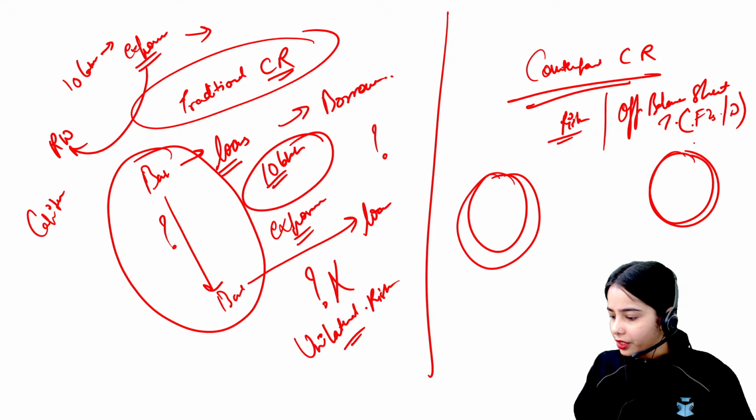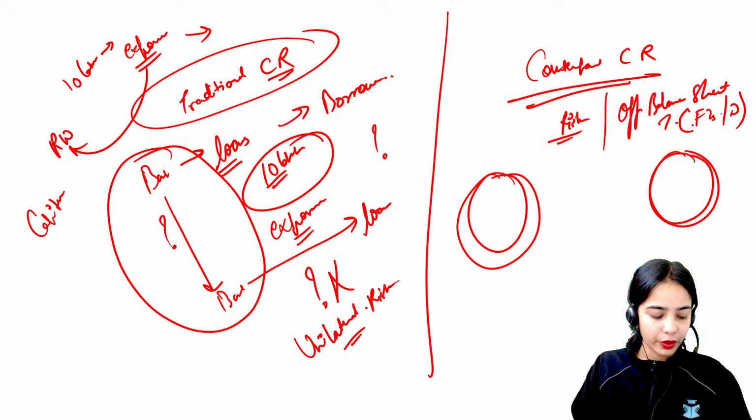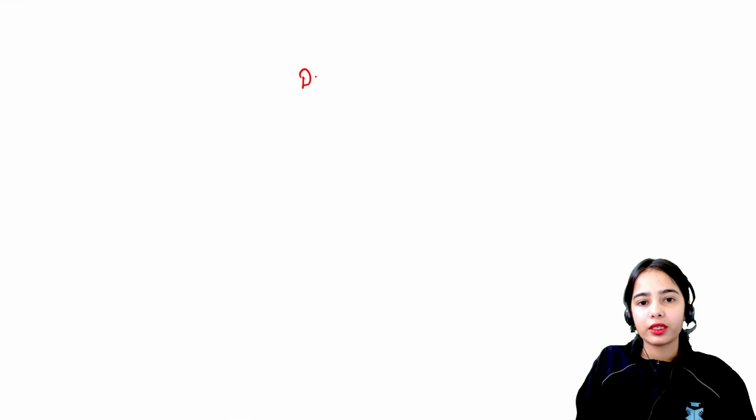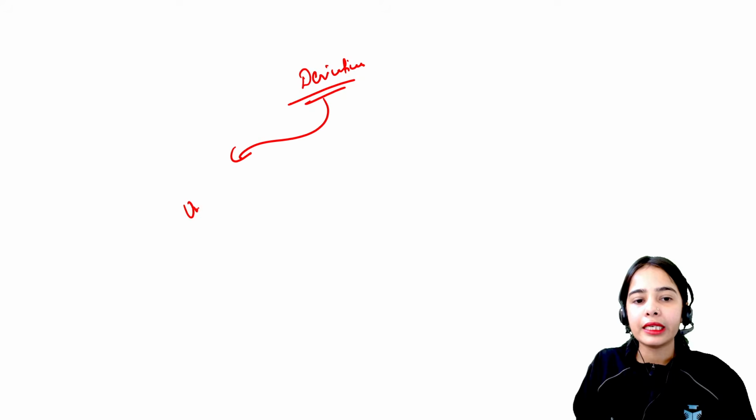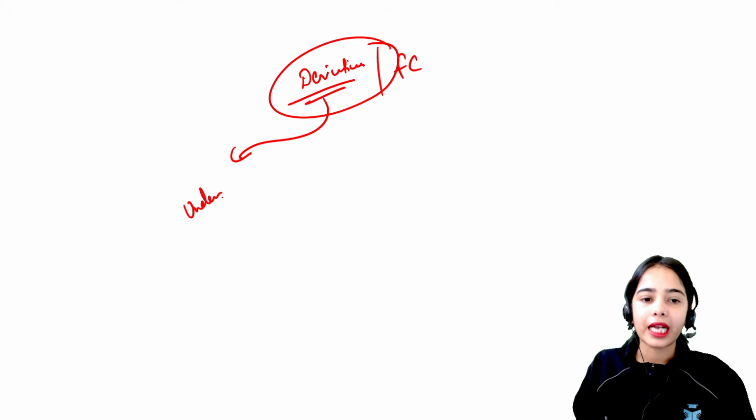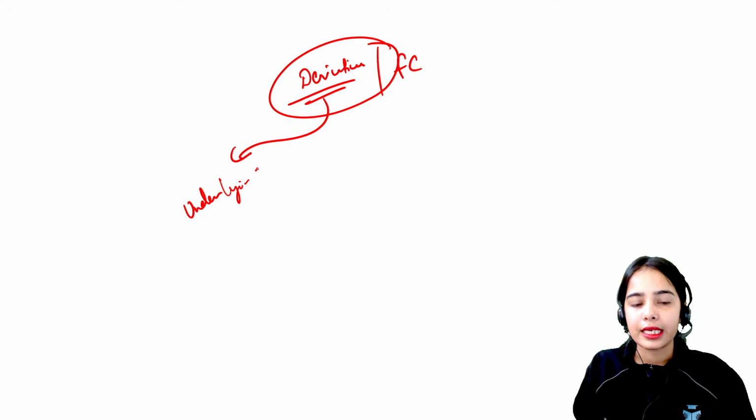Have you heard about derivatives? Derivatives derive their value from some underlying asset. Derivatives are financial contracts that derive their value from some underlying asset.